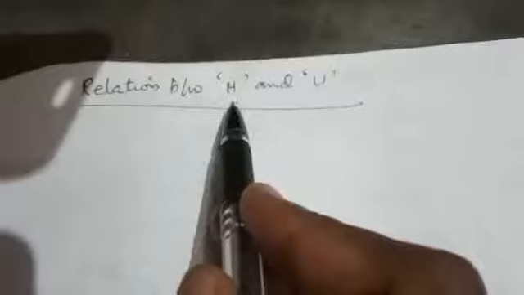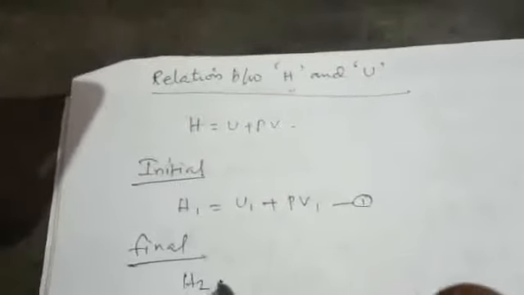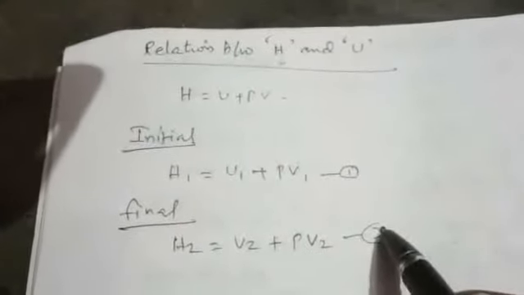Relation between H and U. H means enthalpy, U means internal energy. So H equals U plus PV. In the initial state, H1 equals U1 plus PV1, equation number 1. In the final state, H2 equals U2 plus PV2, equation number 2.